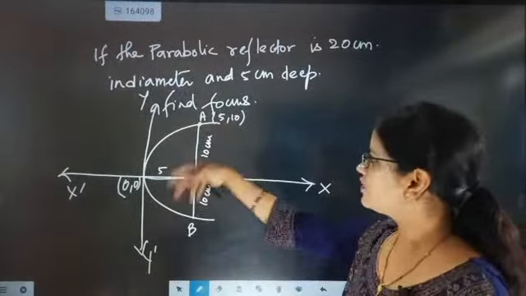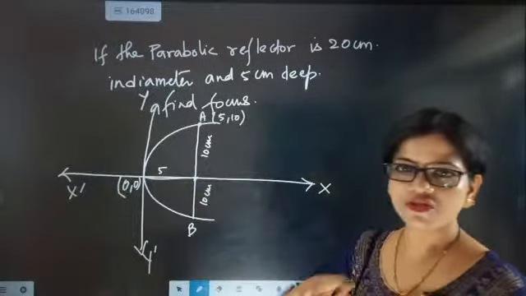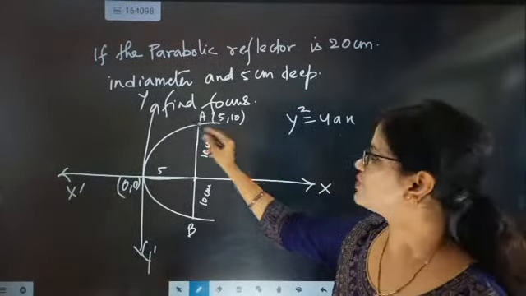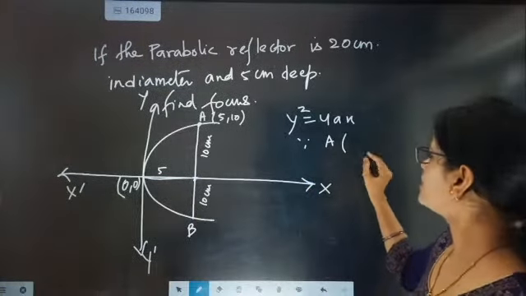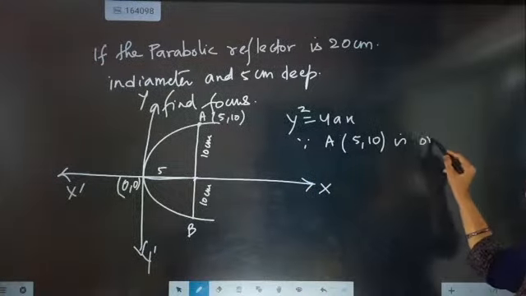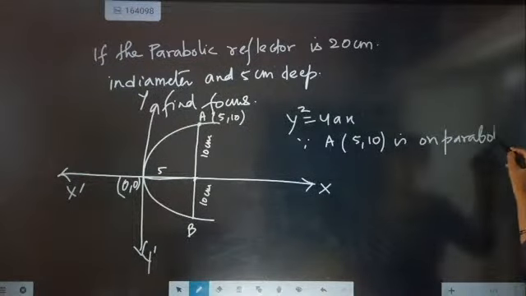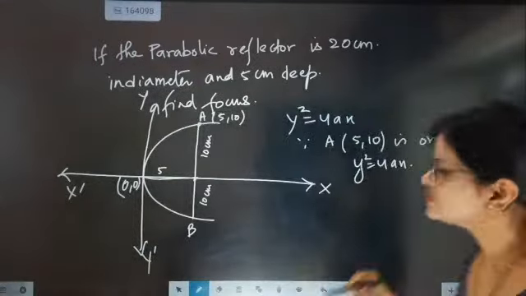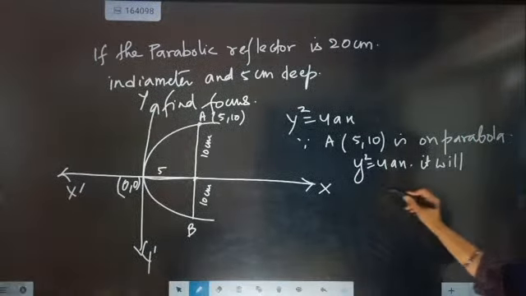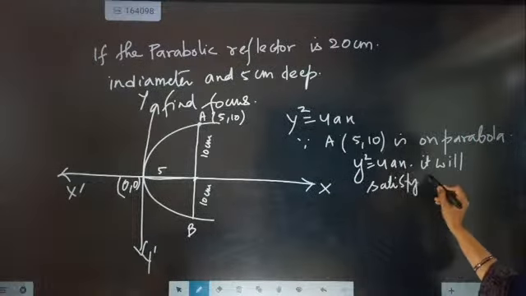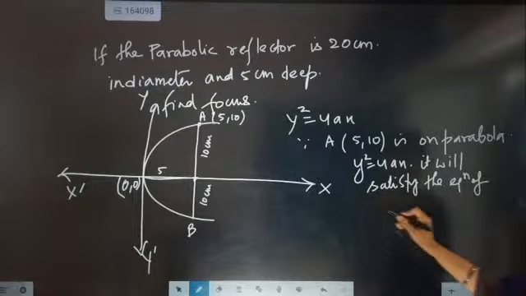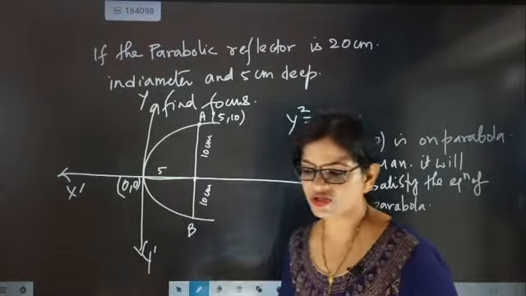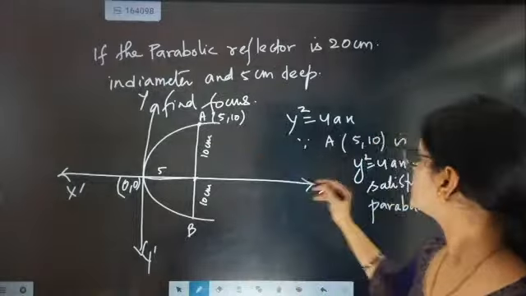Now look here beta. We know the standard equation of the parabola is y square equals 4ax. This point A (5, 10) is on the parabola, so it will satisfy the equation of the parabola.